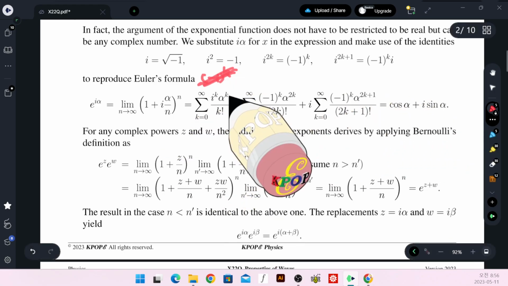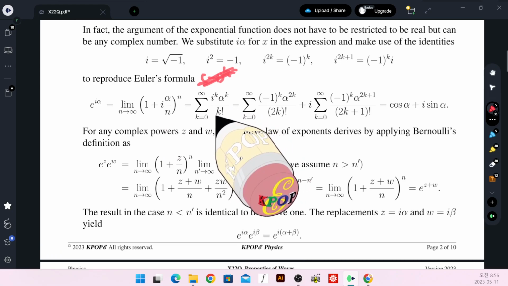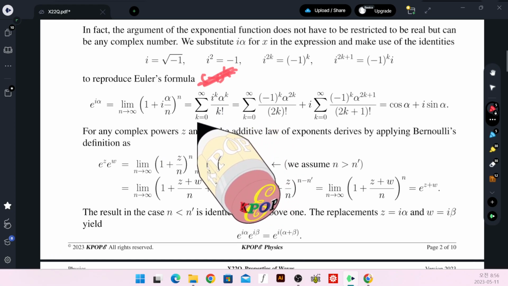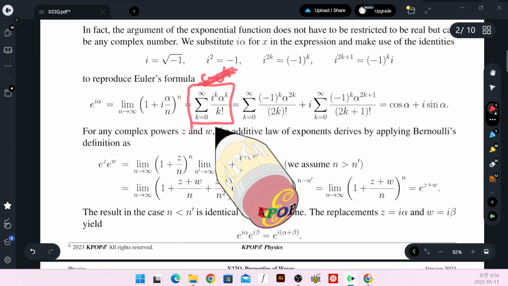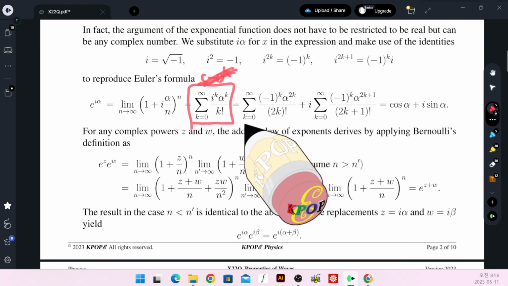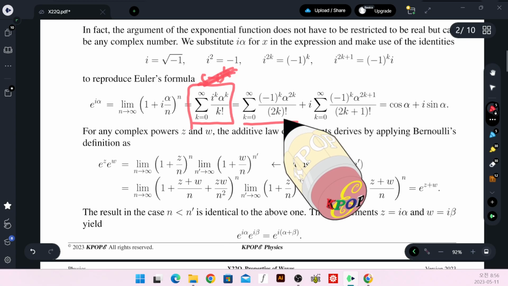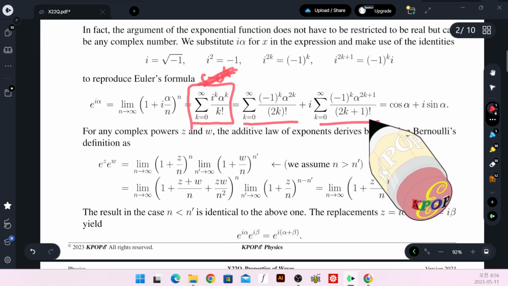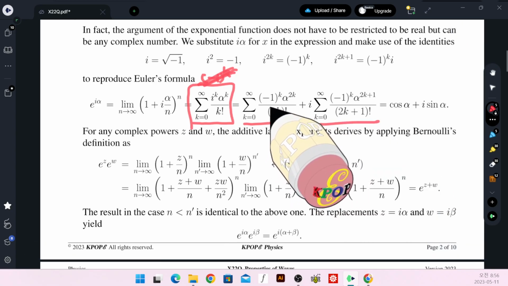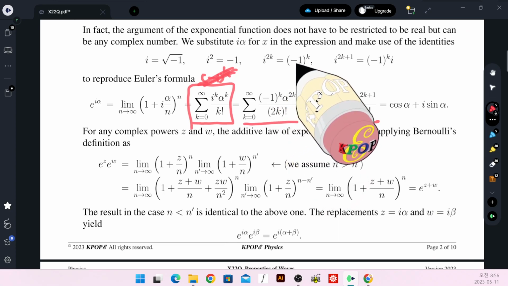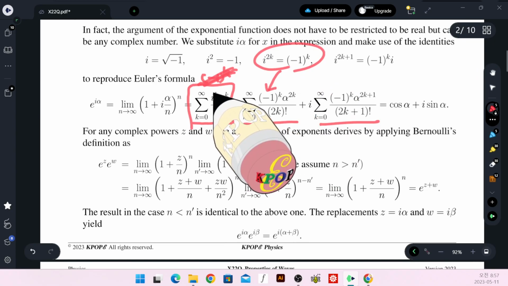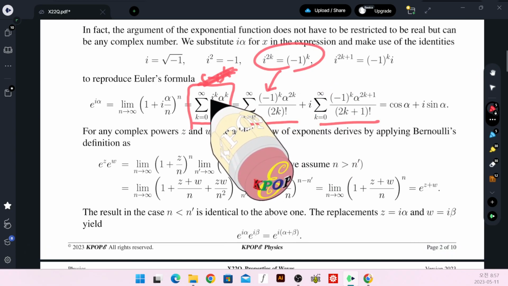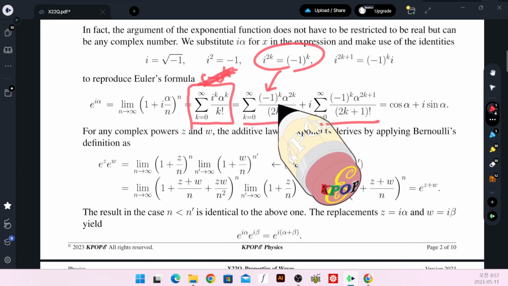i alpha to the kth power divided by k factorial. I split this sum into two pieces for even numbers and odd numbers. If I have even numbers, i to the 2k, this one replaces the even power of i as an oscillating factor.